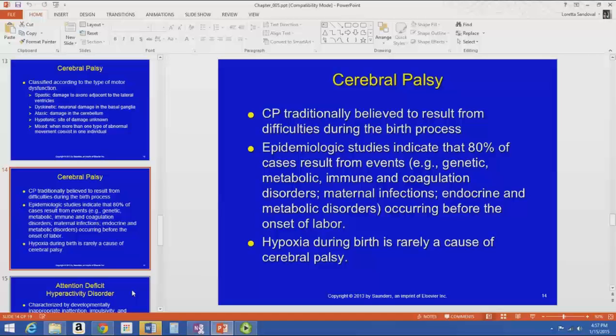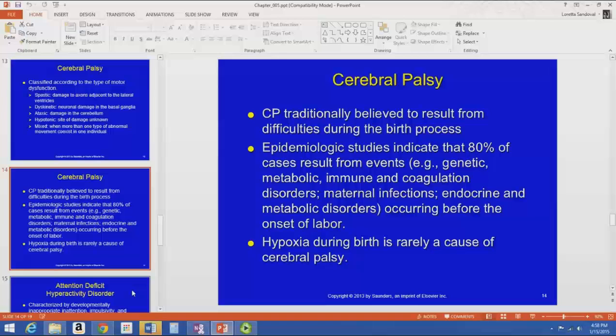But it could be a genetic defect, it could be a metabolic problem, so the developing brain is not getting the proper nutrients because there's a metabolic issue with the mother's metabolism.